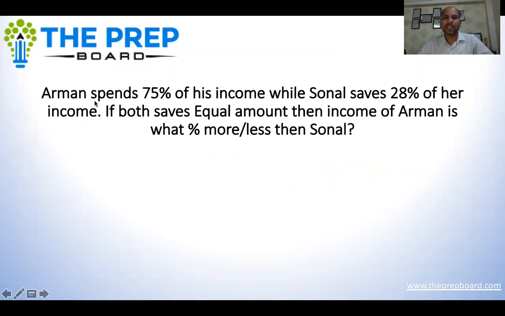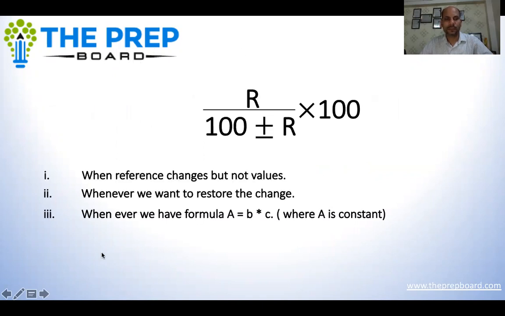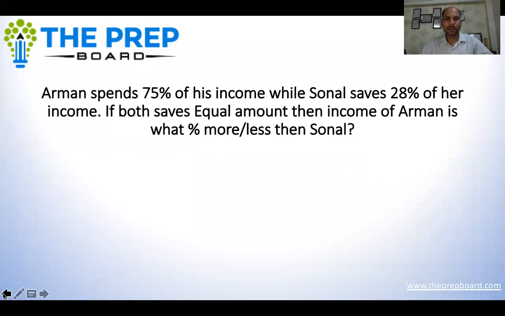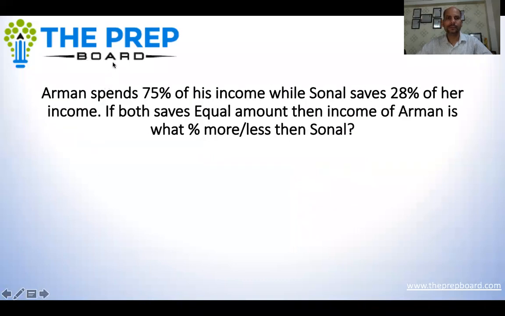Okay, let's move to the next question. Arman spent 75% of his income, while Sonal saves 28% of her income.